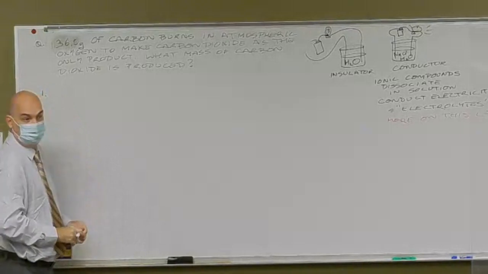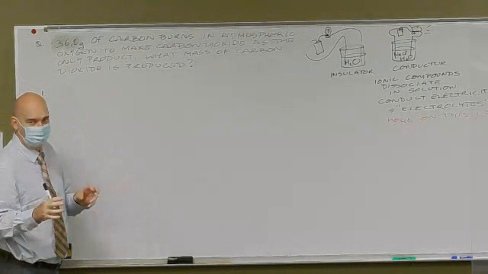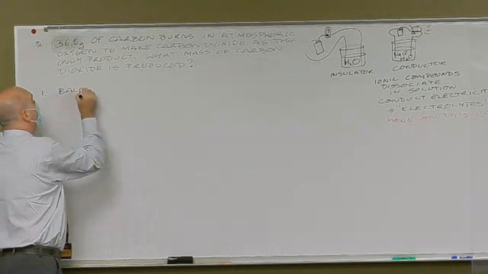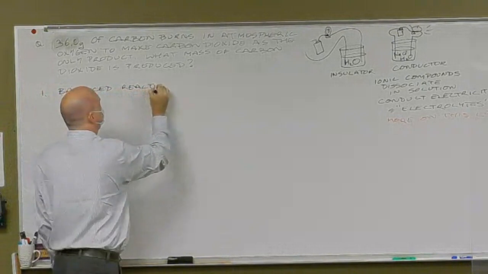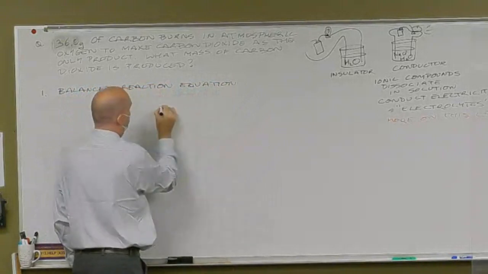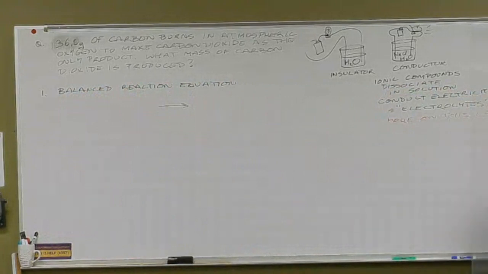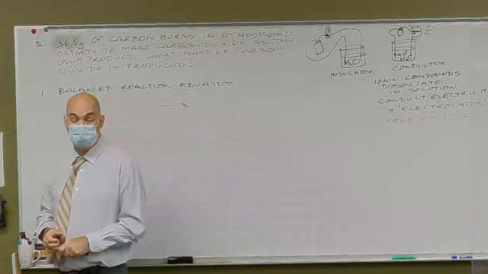6 steps for figuring this out. Some of these steps are really, really small. Step 1 is you need to write a balanced reaction equation. Okay. In a reaction equation, reactants are on the left, products are on the right. Do it yourself first before I write it on the board. It says in the question what the reactants are.